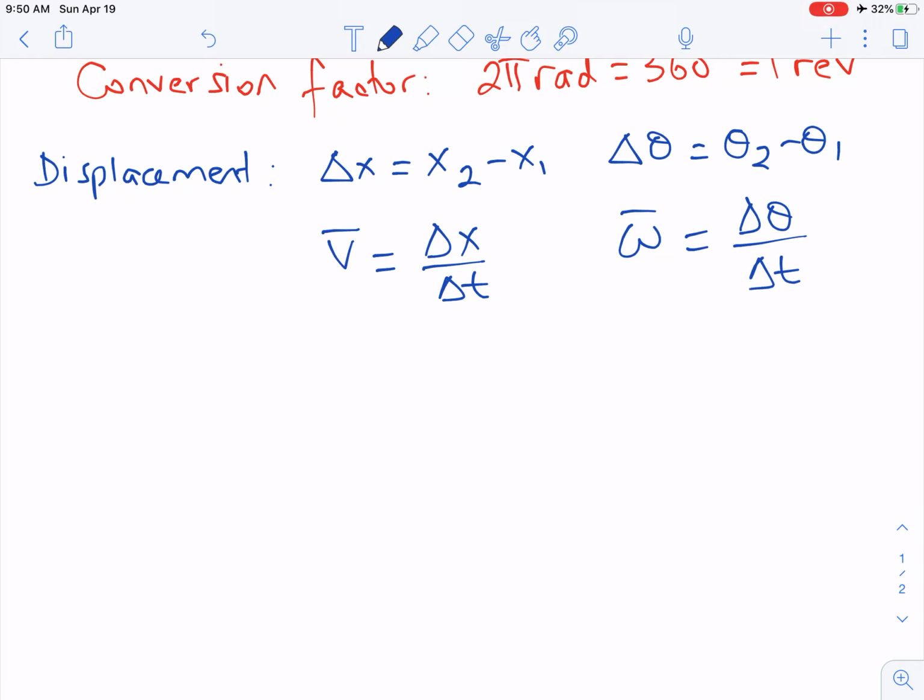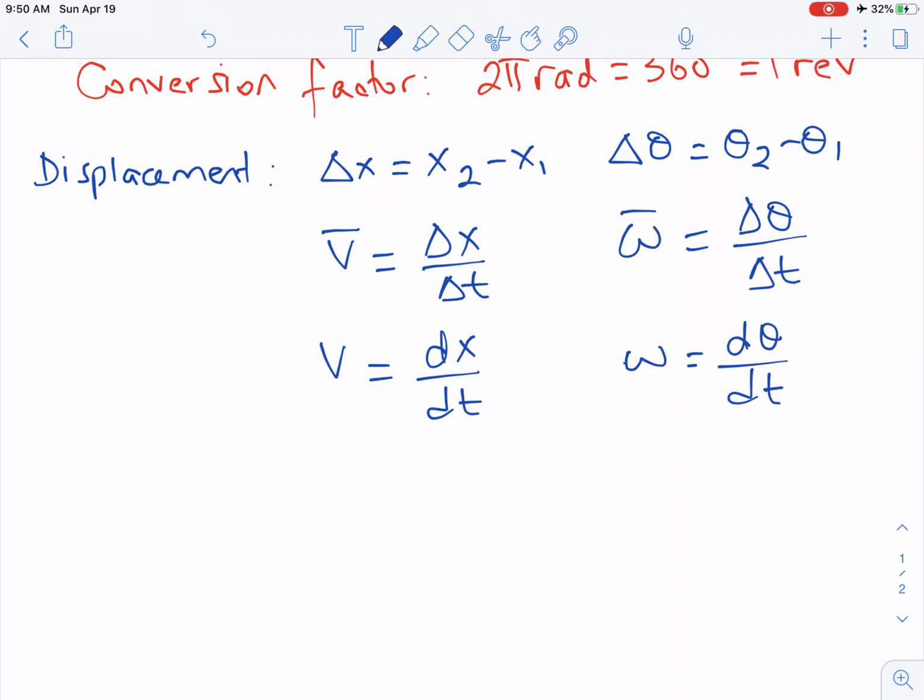Now we need to make this time go to 0. Delta t goes to 0, so we take the limit, and that becomes simply v. We drop the bar because bar is average, and that gives us the derivative, dx over dt. Same thing for omega, it's going to be d theta over dt.